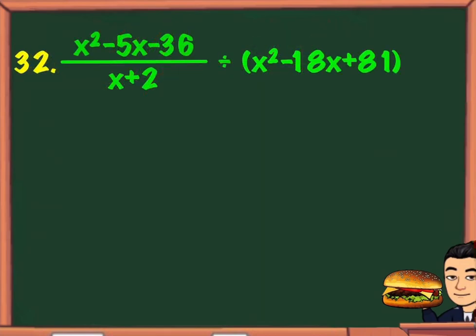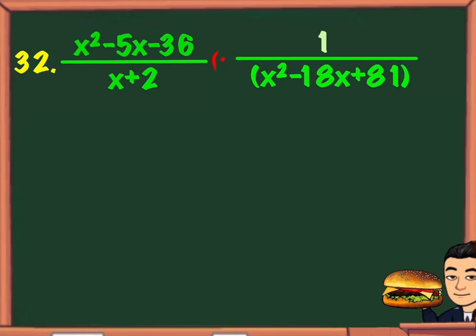For number 32, this is a division sign, so what I'm going to do is change it to a multiplication sign. The polynomial, think of it as everything over 1. If you change it to the multiplication sign, you want to flip the fraction. This is how it's going to look. So I'm going to write this in factor form.